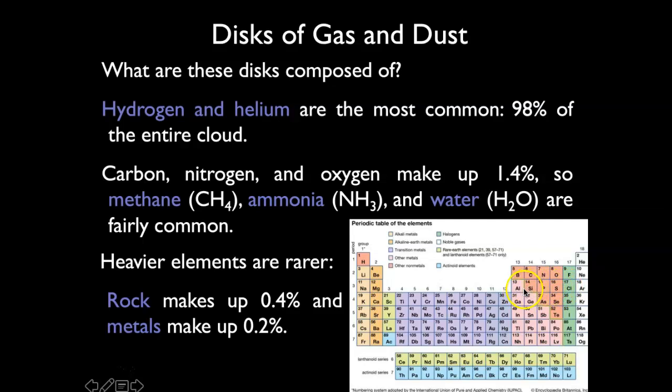These are heavier elements. These atoms have more electrons, and since they have more electrons, it's easier for them to stick to each other. So when these heavy atoms float around in the disk, they bump into each other, and they glue to each other. They stick together and form solid dust granules of, like, 100 or 200 atoms.